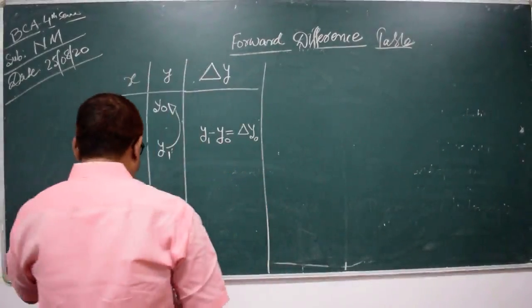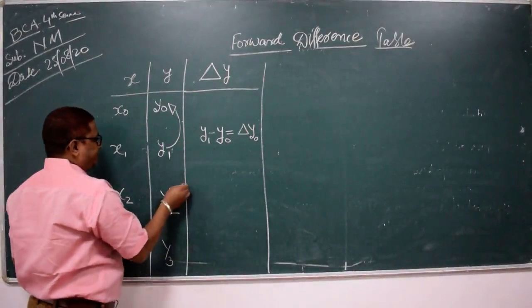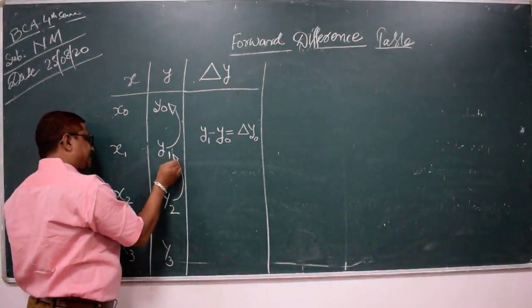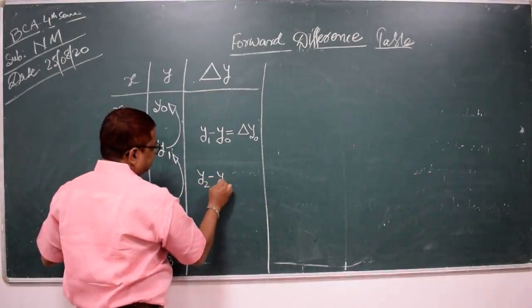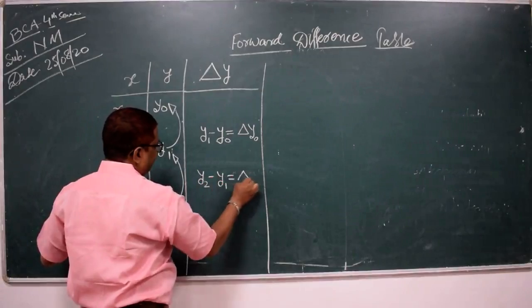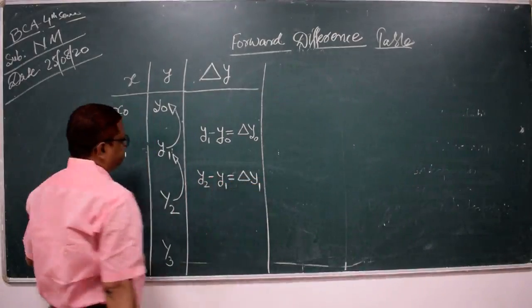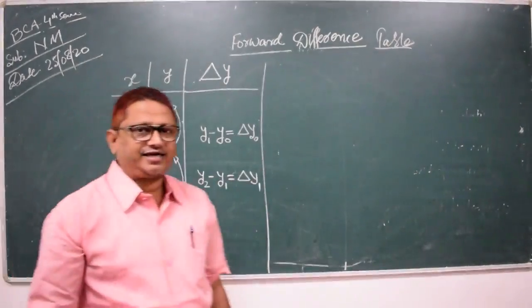Similarly, come to the next value, y2 subtract y1: y2 minus y1 is equal to capital delta y1.